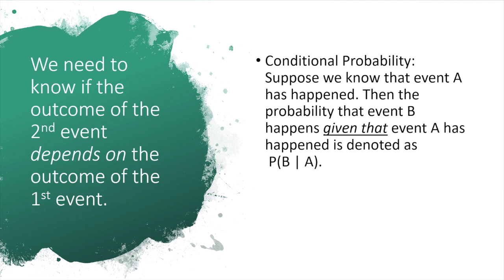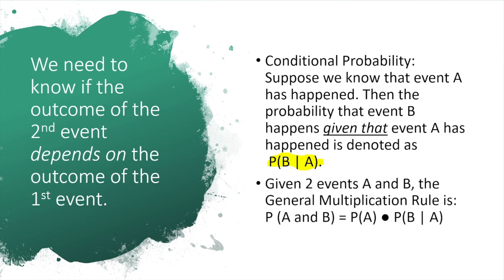We really need to consider, well, what's the probability of event B given that event A already happened? And we talked about this notation in the earlier video on conditional probability on our probability day 2. So this notation means the probability of event B given event A has happened.